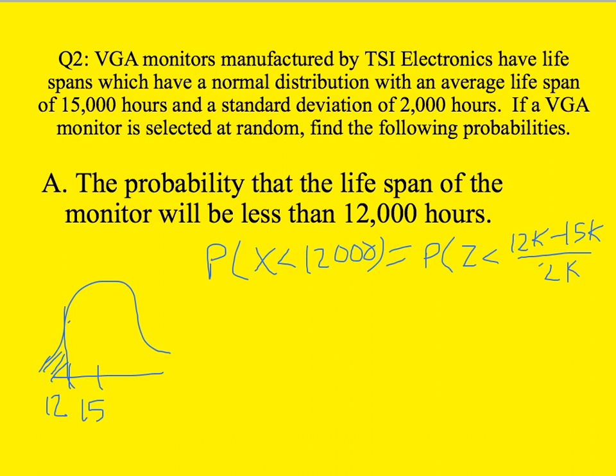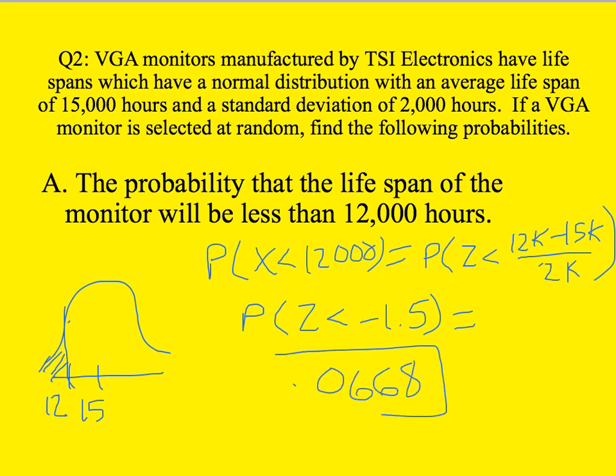And the way I calculate it, negative 3 divided by 2 is negative 1.5. So it's the probability that z is less than negative 1.5. And when you grab your table, you will see 0.0668. And you'd put a box around it.